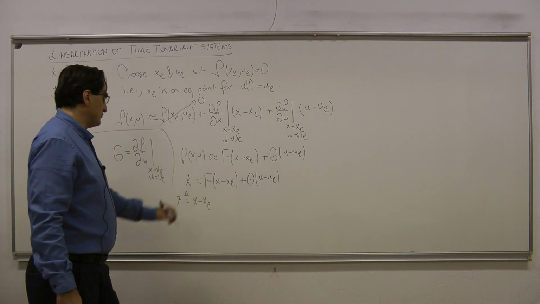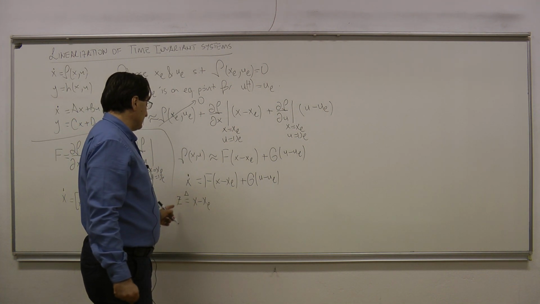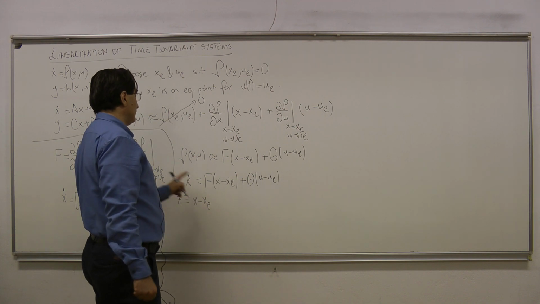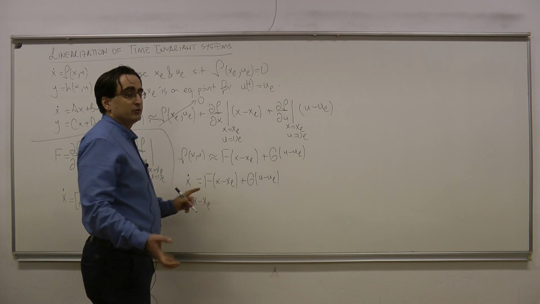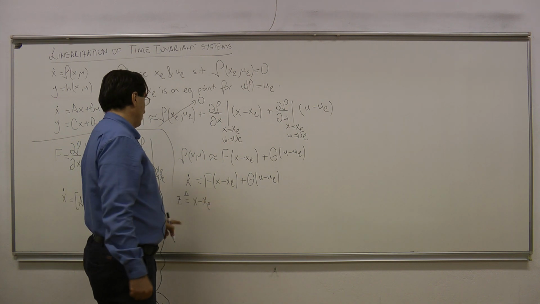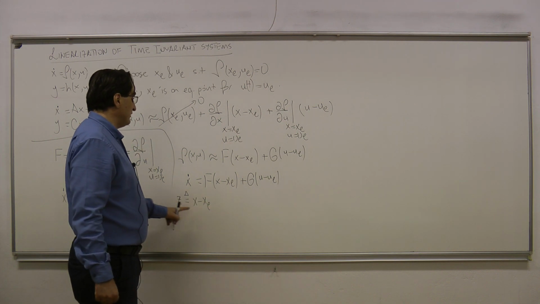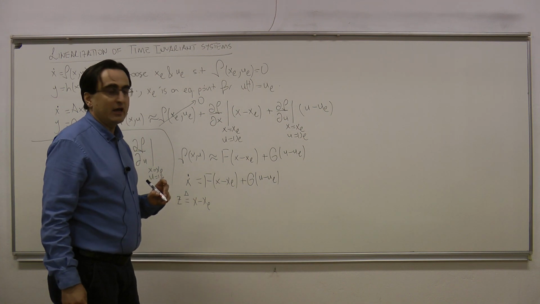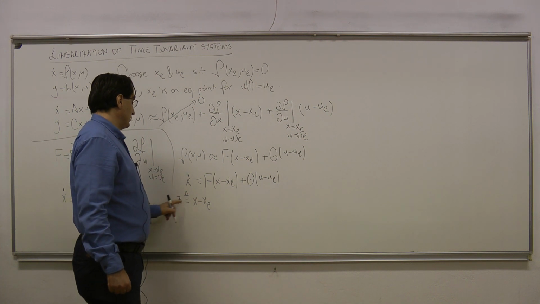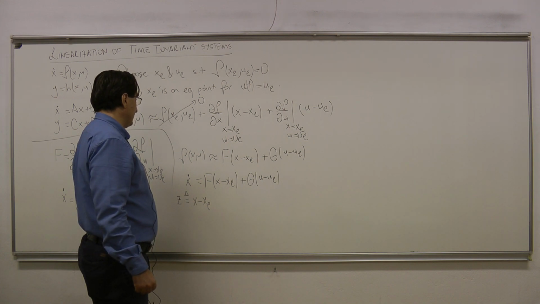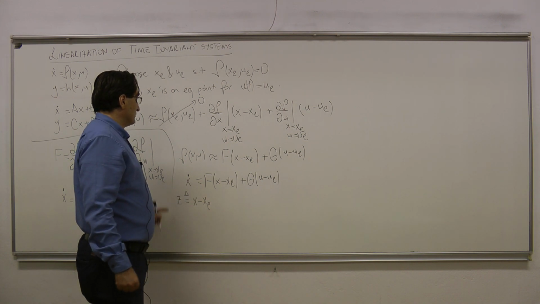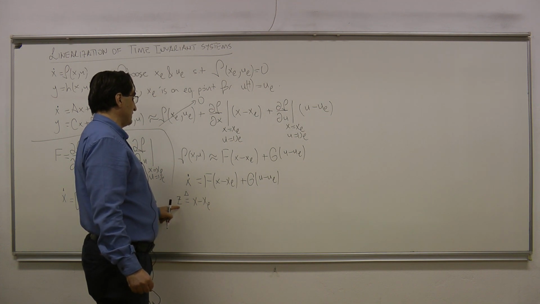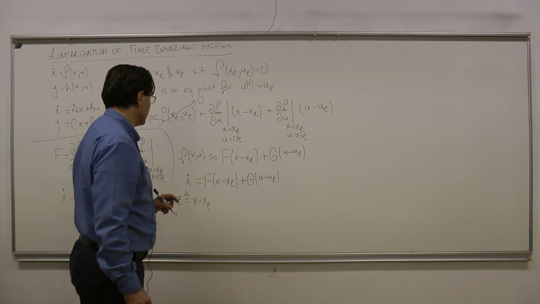We know, as I have repeated several times, that this type of state vector change amounts to the change of the origin. So the origin in the z space becomes xe, the equilibrium point in the x space. So the origins of z space and x space are changed. The reason for such a definition is to pull the origin of the z space into the equilibrium point.